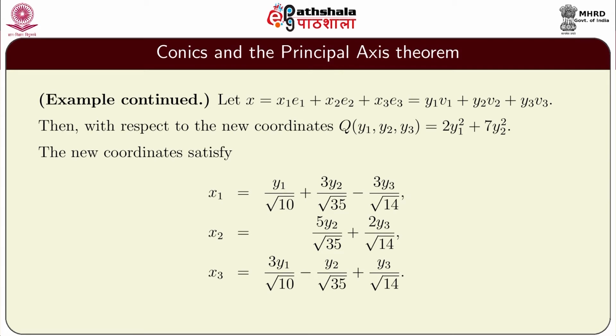for the point x, if x1, x2, x3 denote its coordinates in the usual coordinate system, in other words with respect to the standard basis, and y1, y2, y3 are the coordinates with respect to the new coordinate system, that is the new orthonormal basis we created with the help of v1, v2, v3, then with respect to these new coordinates, we can write q of y1, y2, y3 as 2y1 square plus 7y2 square.